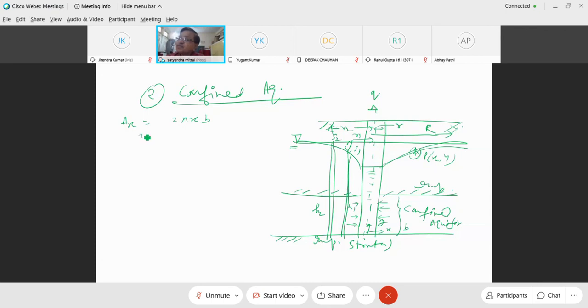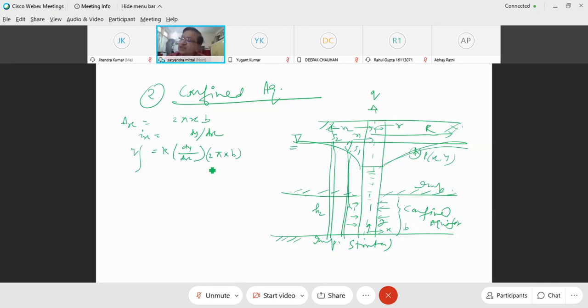Ix is the hydraulic gradient, which is equal to dy upon dx at point P. So Darcy's law, Q is equal to KIA, K dy upon dx is I, and area is 2 pi x b. Now you integrate it.